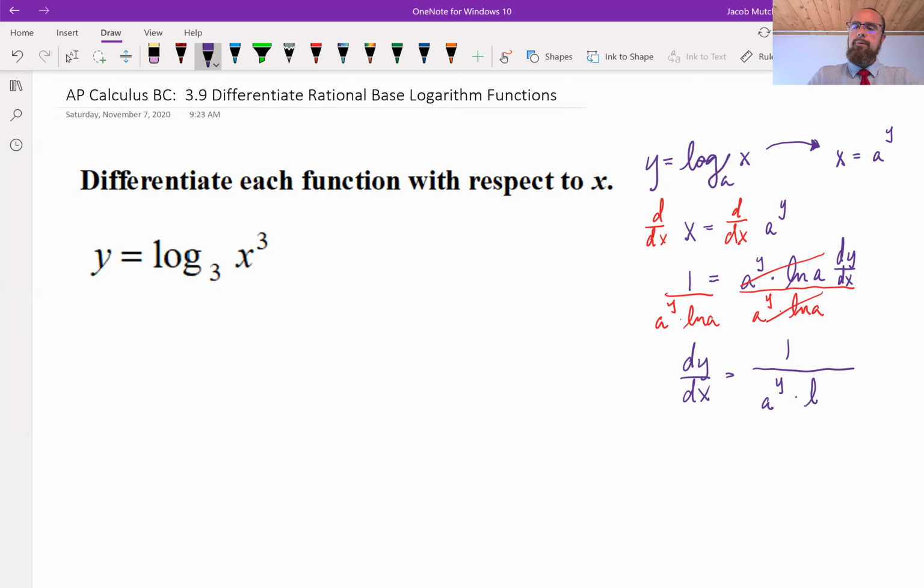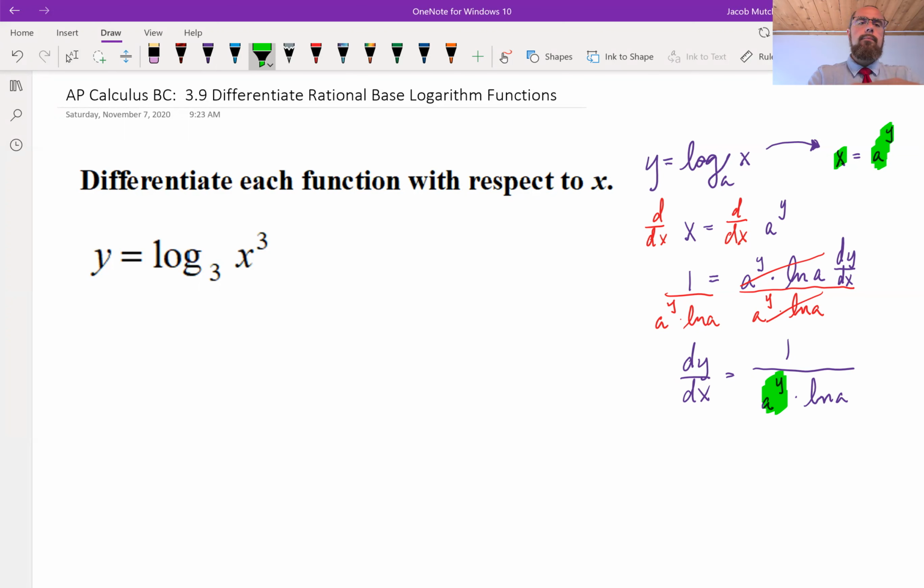So I'm looking up at my original work, and I'm seeing that a to the power of y essentially was the same as simply x. So I can make that substitution kind of immediately.